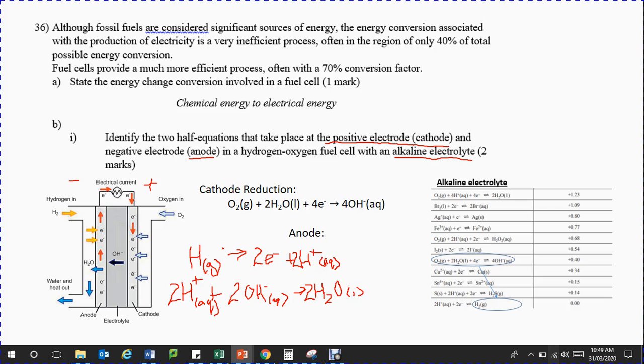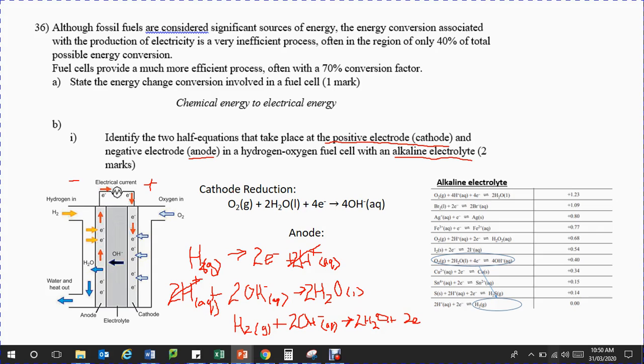So what we can do is cancel out some things. Our hydrogen ions will cancel out, which will give us an overall reaction at the anode of H2 gas plus 2OH minus aqueous, to give us 2H2O plus 2 electrons.